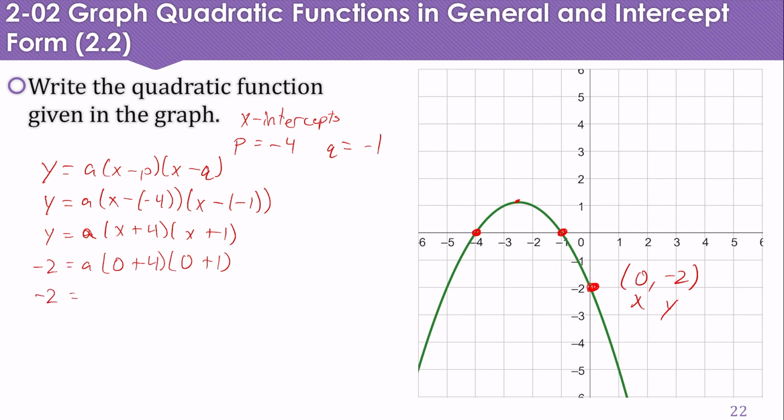This will be 4 times 1, so a times 4. So a appears to be -1/2. So now if I take that little equation and fill in the a, it will be y equals -1/2 (x plus 4)(x plus 1).